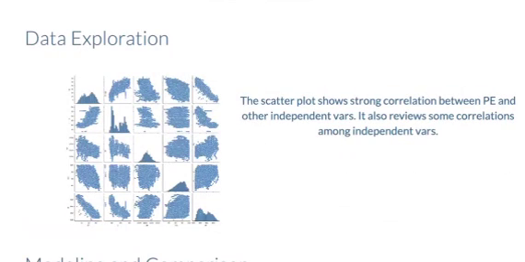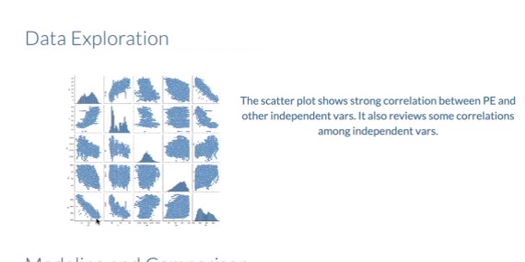In the first initial step, I'm doing data exploration. So my approach is to plot out the variables. I usually start with the scatter plot, the pair plot, so I can see the correlations, the relationships among all the variables and their relationship with the dependent variable, where you can see this row is the PE.